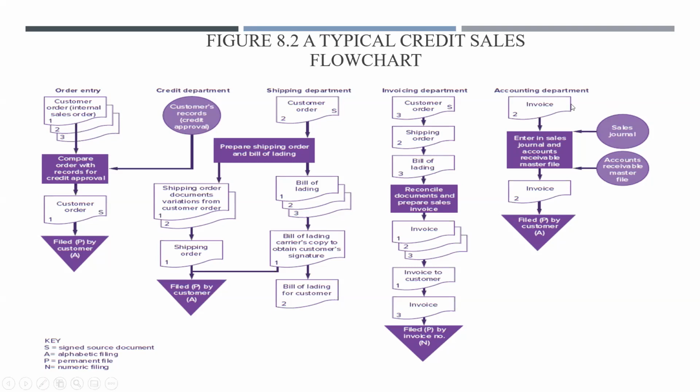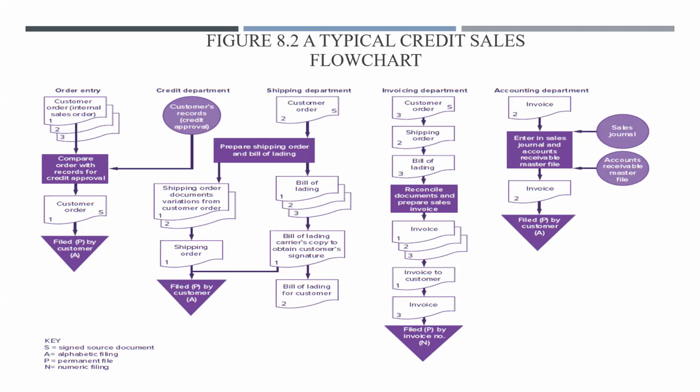So after invoicing, then go to the accounting department. My question here is, do you think the accounting department is the same department as invoicing? No, they should be different. They could be in one department, but at least the person dealing with accounting and the person dealing with invoicing should be different. Is that right?